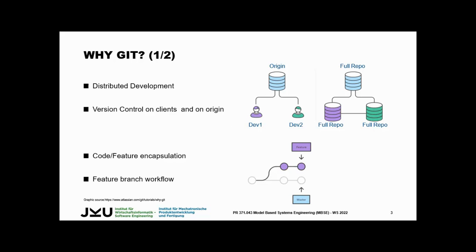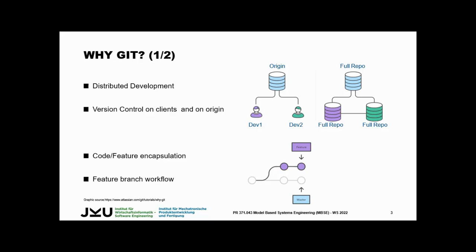Of course, another possibility with Git is that you can do a kind of feature encapsulation. So you can say, for example, we have a whole huge project where we have developing a feature A with a group of 4 people and a feature B with a group of 10 people. And you can say, these are just 2 features independent from each other.